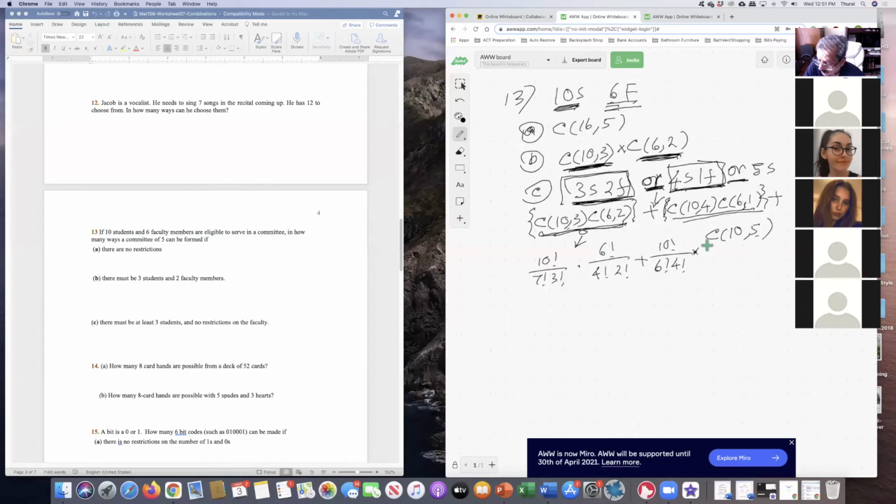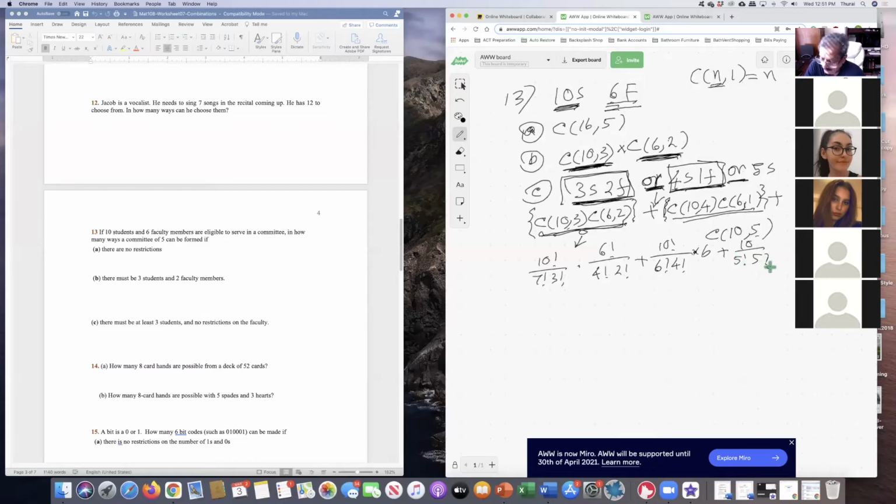I don't even need to write the formula there. If you remember from last class, C(n,1) is n, because if you're selecting 1, then exactly n number of ways are there. Plus C(10,5) is factorial 10 over factorial 5 times factorial 5.